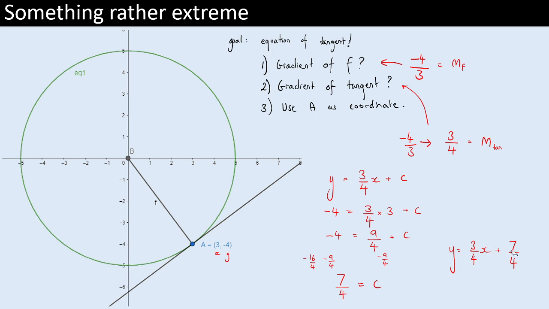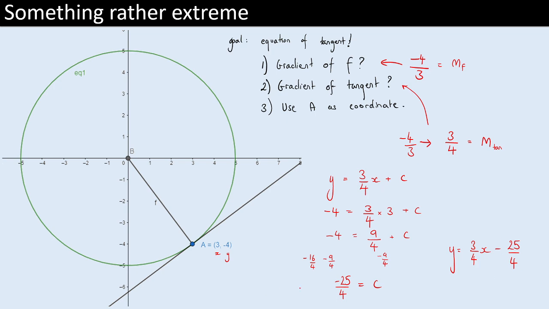I've been an idiot. My apologies. That 4 should have been negative 16/4. If I do negative 16/4, take away another 9, that's going to get me to negative 25/4. Almost made an error there. Well, I didn't almost. I did make an error.